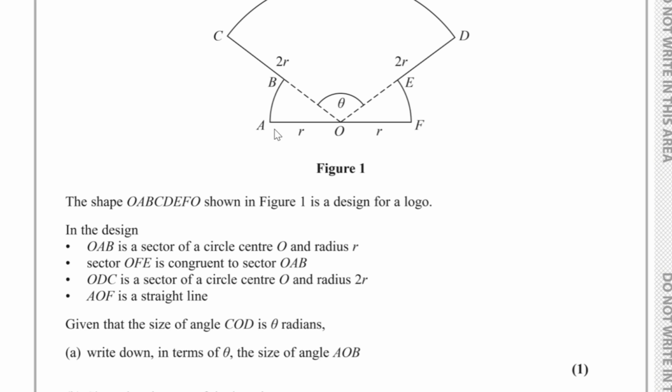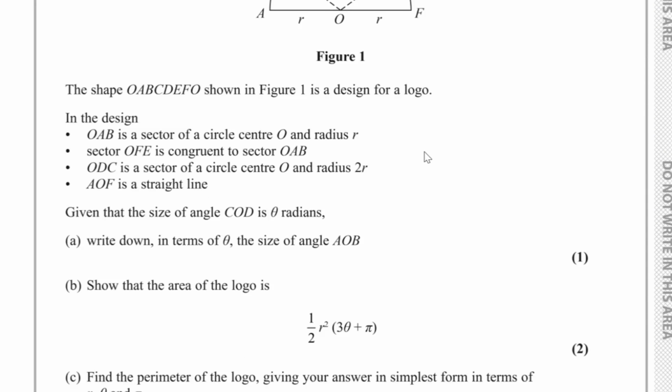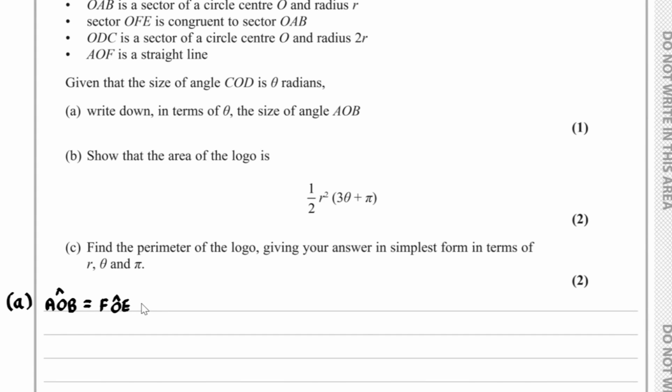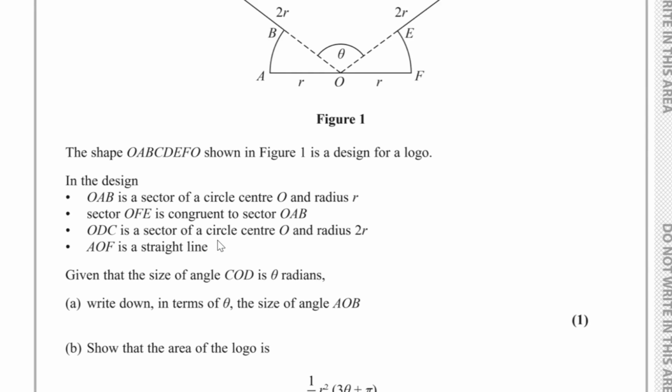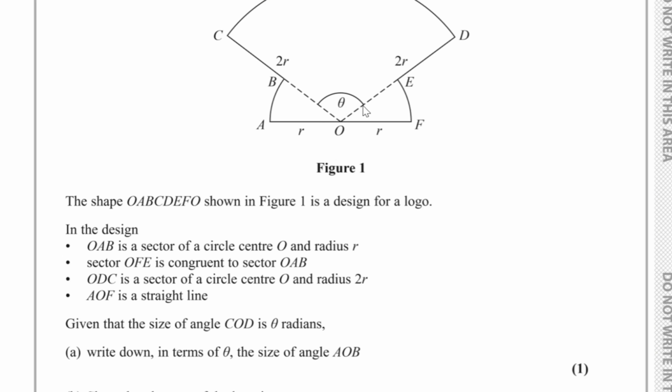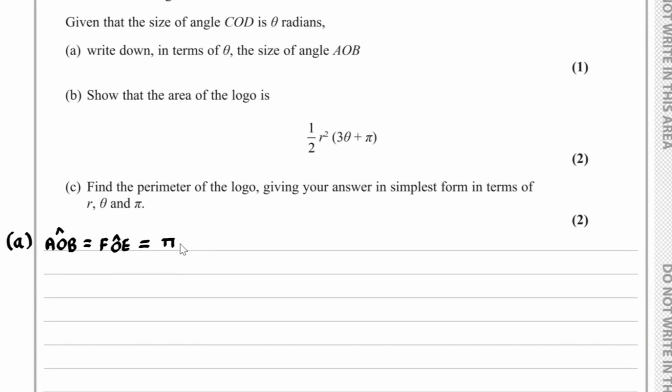We have angles on a straight line summing to 180, or pi radians. We take away theta, and then we divide through by 2. So that is the angle AOB, which is equal to the angle FOE.